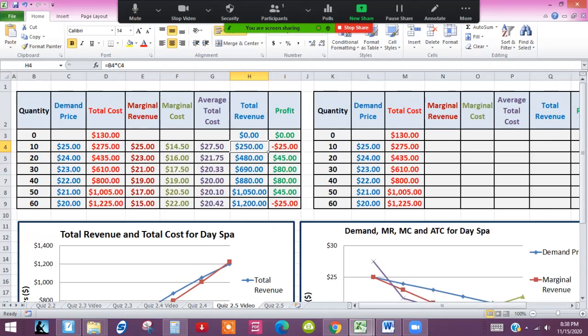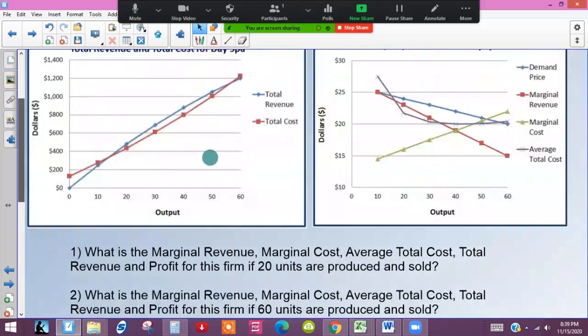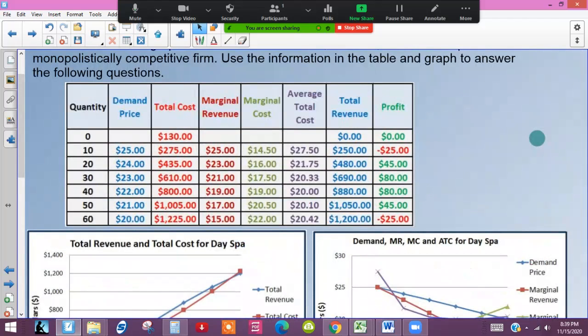So this, once again, is a tricky one. So let's jump back over here. If we don't know what marginal revenue is at an output of 20, let's assume we know what the total revenue is at 20, but we don't know what marginal revenue is.